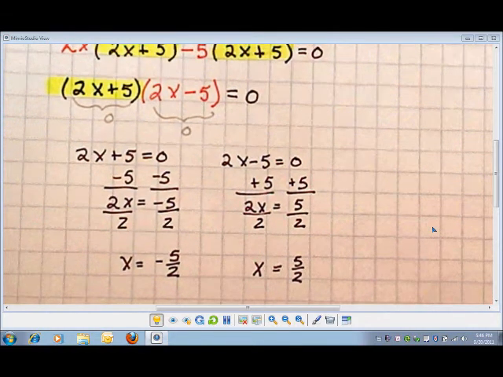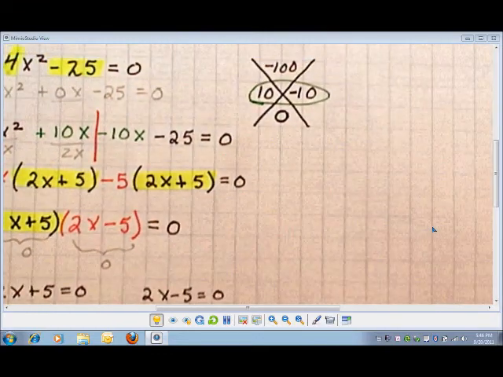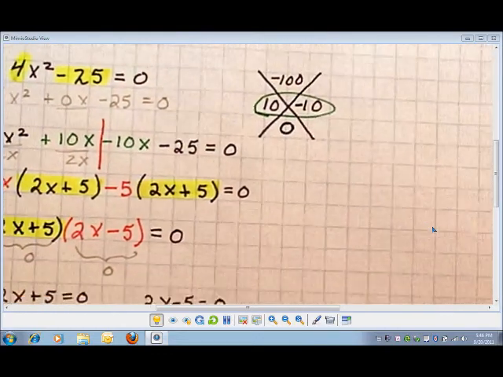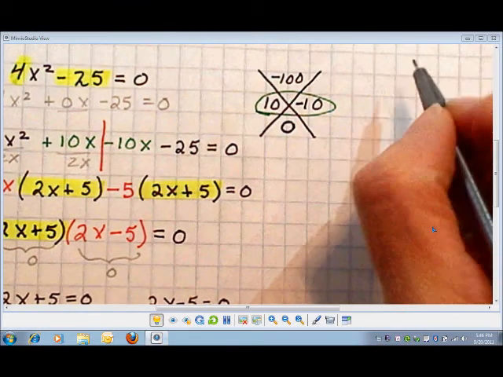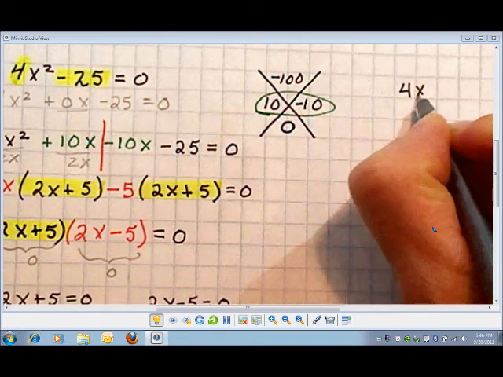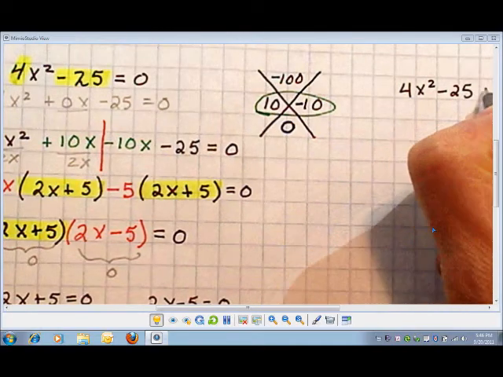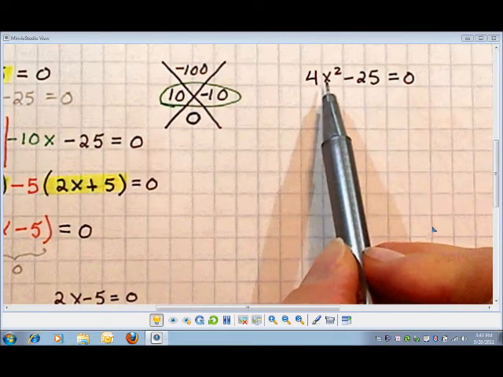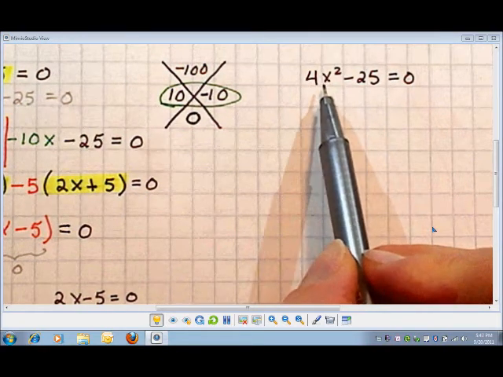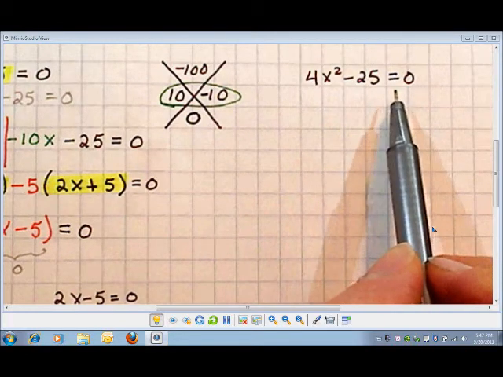Now there was an easier way to do this, and I'm going to look over on the right side of my paper. I'm going to take the same equation, 4x squared minus 25 equals 0. When it's equal to 0, what I'm looking for is a value of x that makes this equation true.